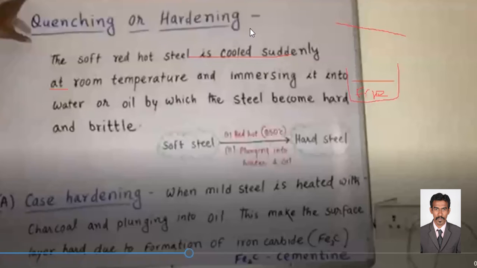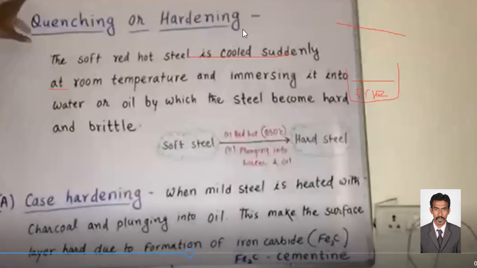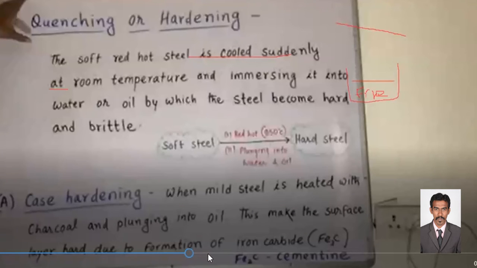Quenching or hardening. In this hardening, we have two types: case hardening and another type of hardening. This is the process which happens before tempering. The soft red hot steel is cooled suddenly from red heat by immersing it into water or oil, by which the steel becomes hard and brittle.